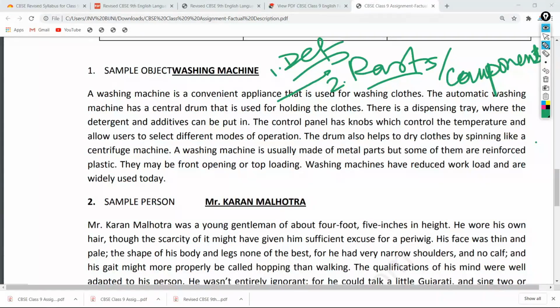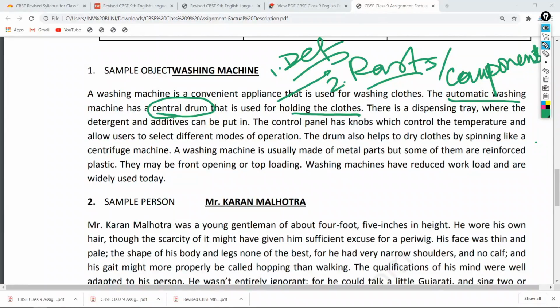You are going to the central part of the automatic washing machine, the central part that actually holds the clothes.